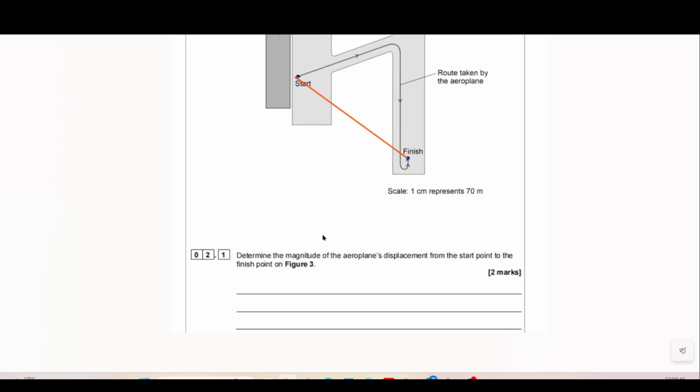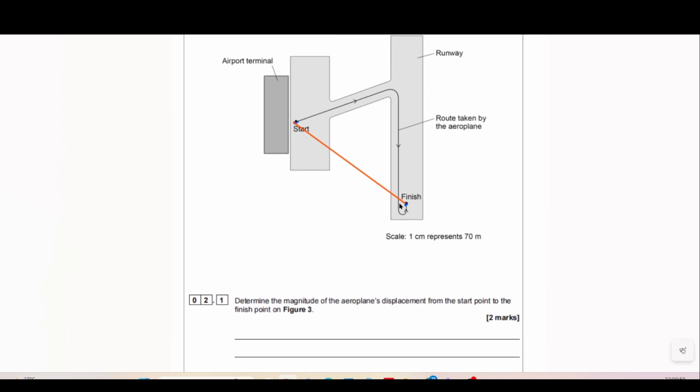No. So I think you can just measure it with a ruler.